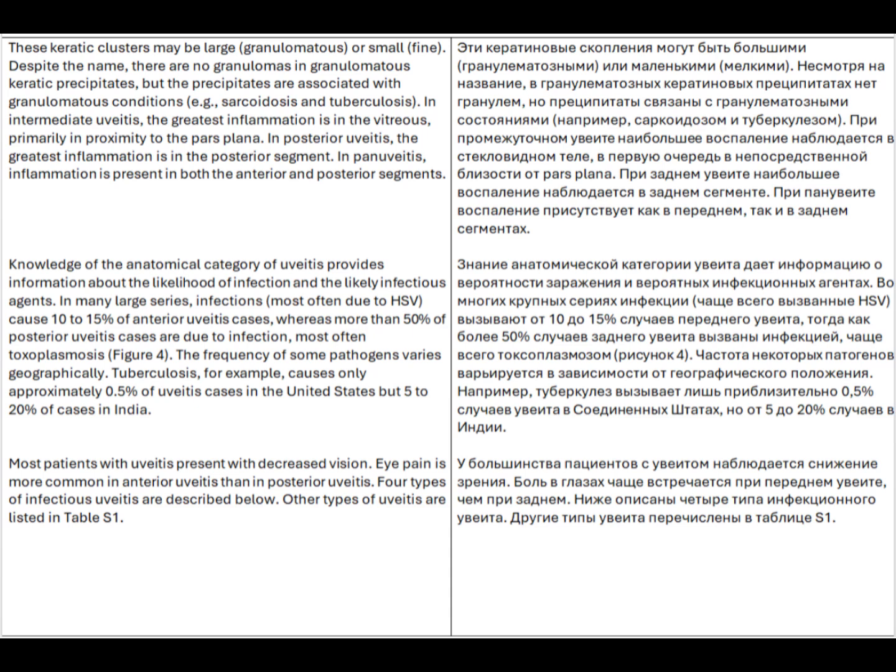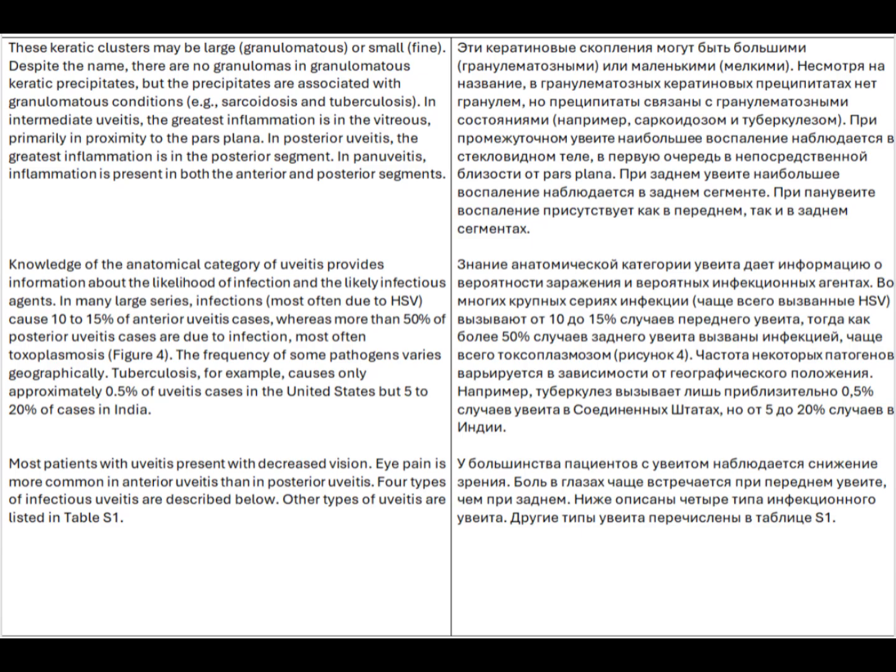Knowledge of the anatomical category of uveitis provides information about the likelihood of infection and the likely infectious agents. In many large series, infections, most often due to HSV, cause 10 to 15% of anterior uveitis cases, whereas more than 50% of posterior uveitis cases are due to infection, most often toxoplasmosis, figure 4.